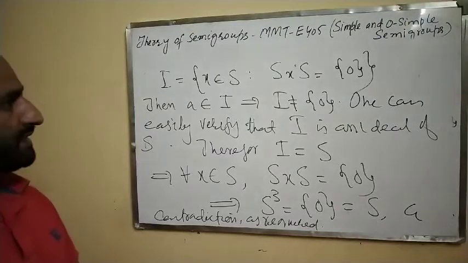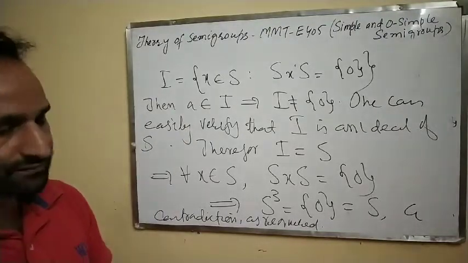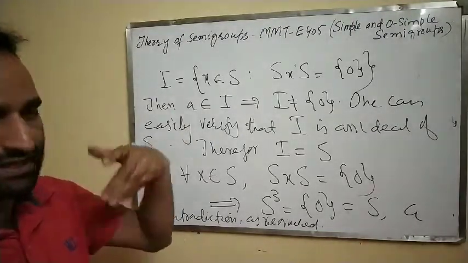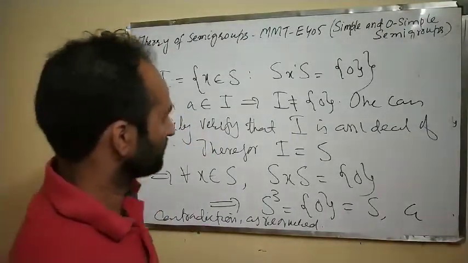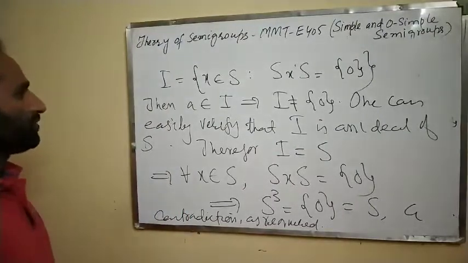So it means that whenever S is a zero simple semigroup, then SAS is equal to S for every A not equal to 0 in S. Now let's prove its converse.